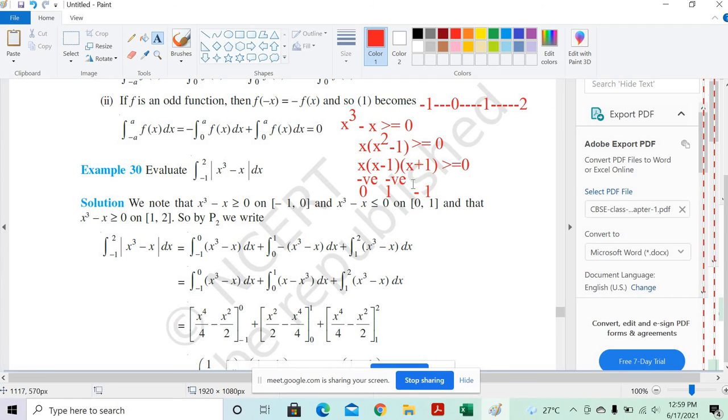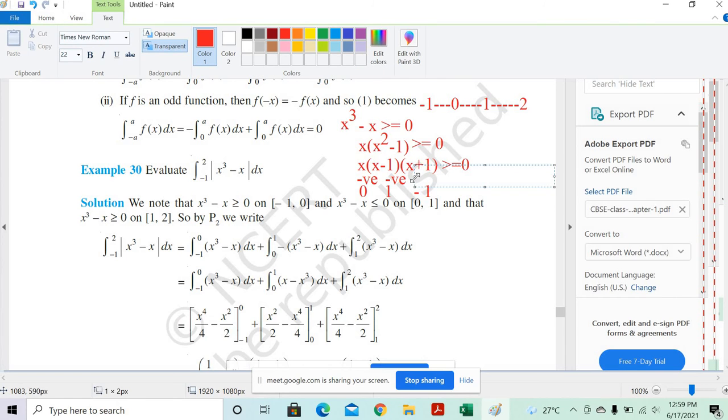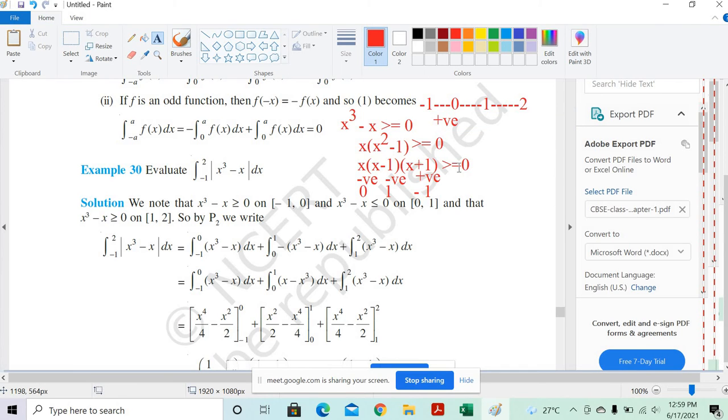Minus 0.5 plus 1 is positive. So the entire term will be positive, right? Negative, negative is positive, positive. So between minus 1 to 0 it's positive. Getting it? Yes, sir.